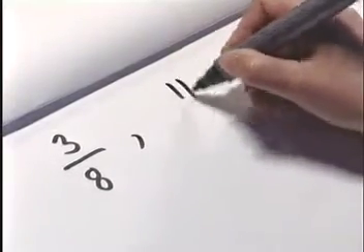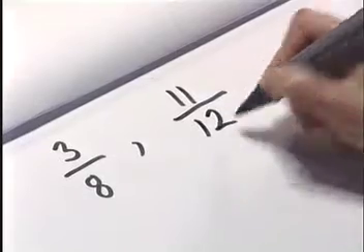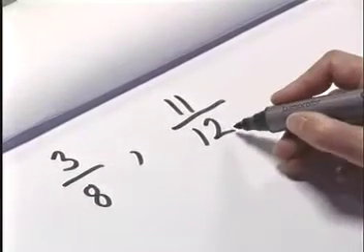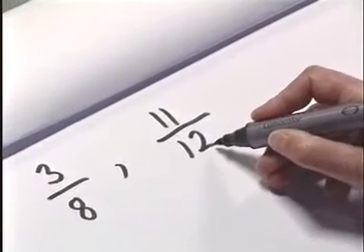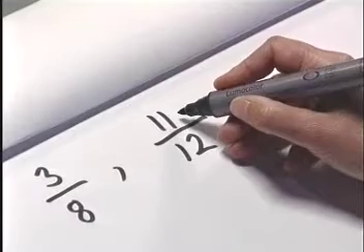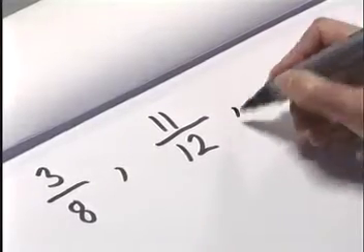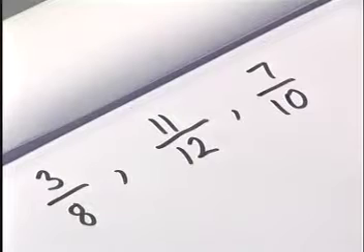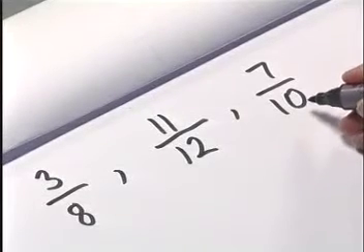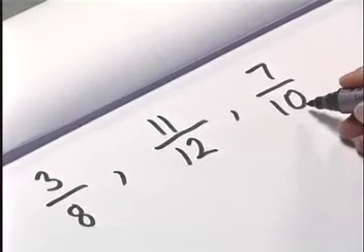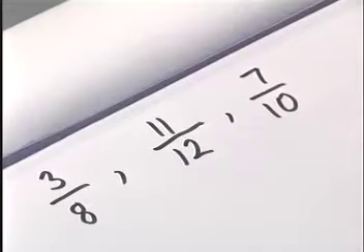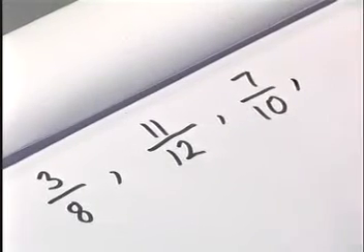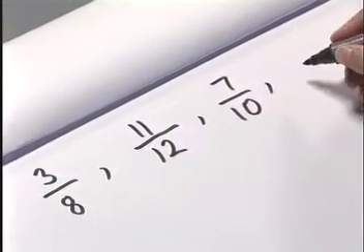We could have 11/12. So we've divided a whole up into 12 pieces and taken 11 of them. We could have 7/10. Here we will have divided a whole into 10 pieces of equal size and taken 7 of them. And we can have any numbers in our fraction.